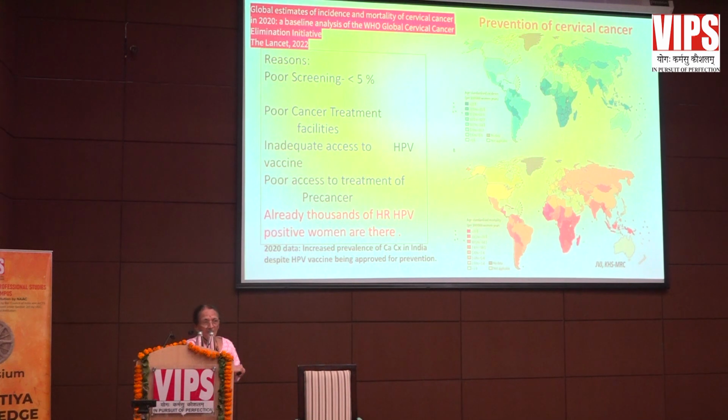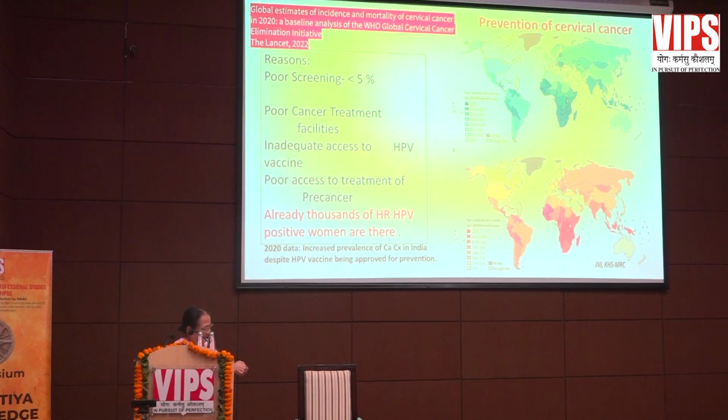Already many thousands of women are already HPV positive, and you would be surprised that in other countries where vaccine is available, women are extensively screened. Now it is possible by screening to detect precancerous changes, which we were able to do early, even when I joined this place. And we can treat those, but the treatment is all surgical. Whereas here we have shown a non-invasive treatment, but it will be integrative. We must treat the associated infection that is there.